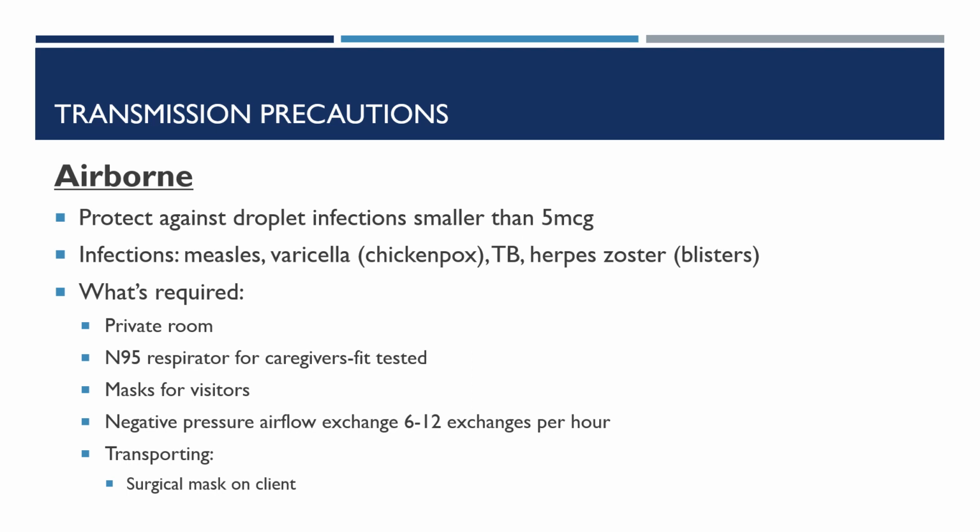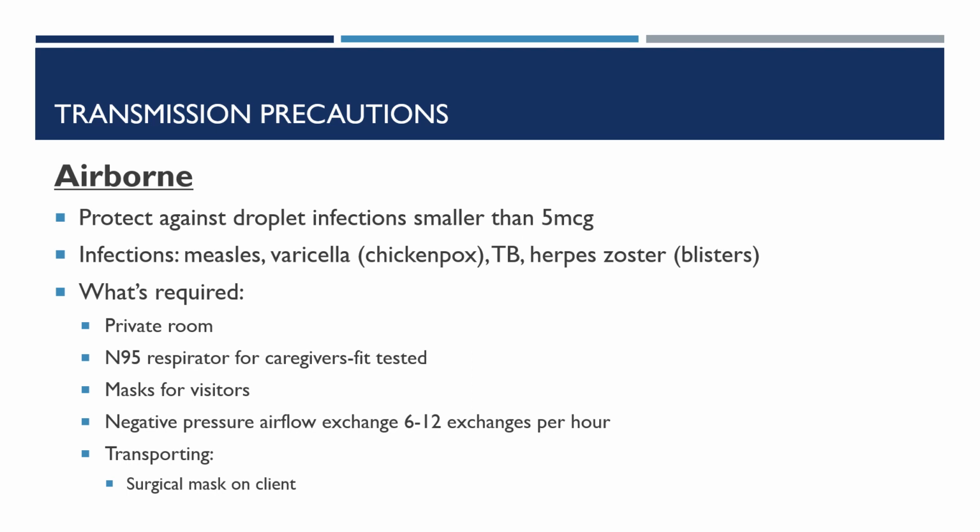Now let's talk about airborne precautions. The droplets are smaller than 5 micrometers. This could be measles, varicella, tuberculosis, herpes zoster, the blisters. What's required? A private room. Caregivers need a special respirator, an N95.